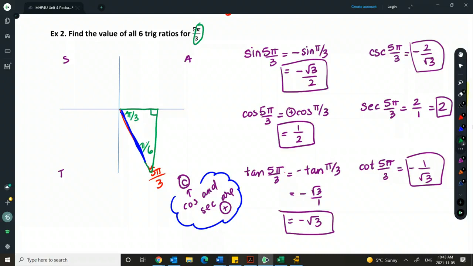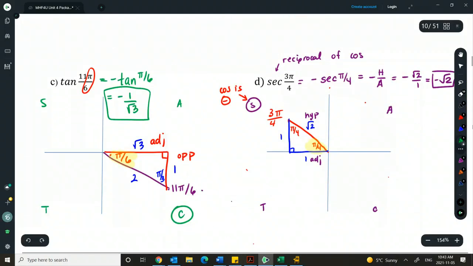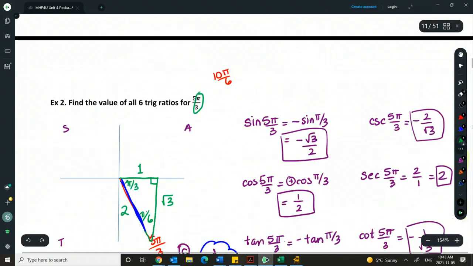Okay? I'm going to label the side ratios based on our special triangle side ratios. So across from pi over 6 is always 1. Across from pi over 3 is always root 3. And the hypotenuse of this triangle is always 2. Those ratios will always be the same for the special triangles. Okay, there's only 2 special triangles, just this one and the pi over 4 one.